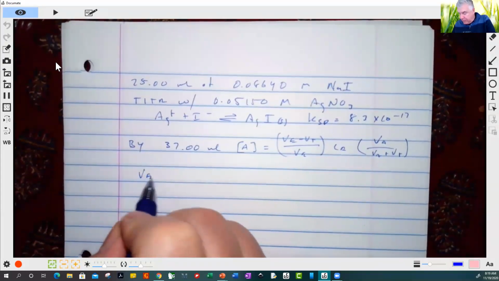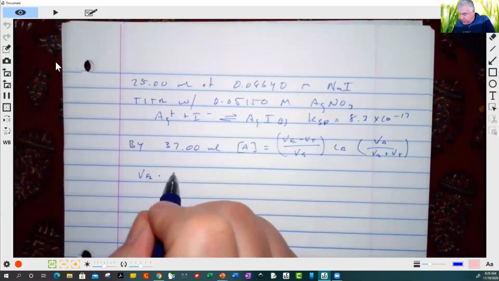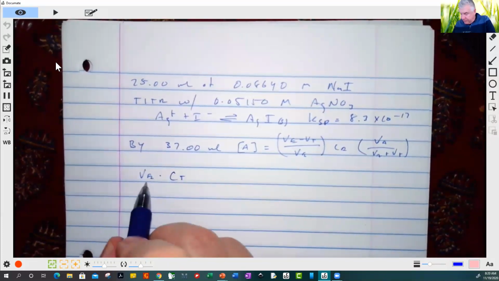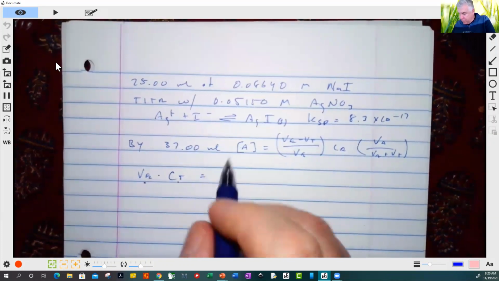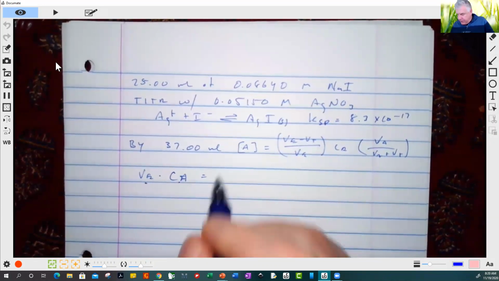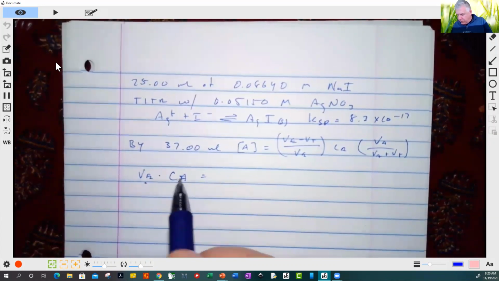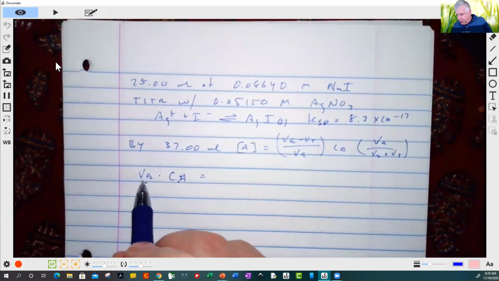So VE times the CT should equal VE times CA, right, will equal the equivalence volume is the volume of titrant.